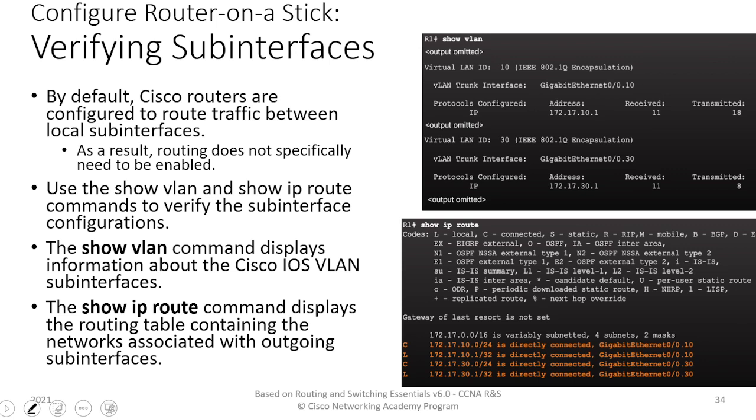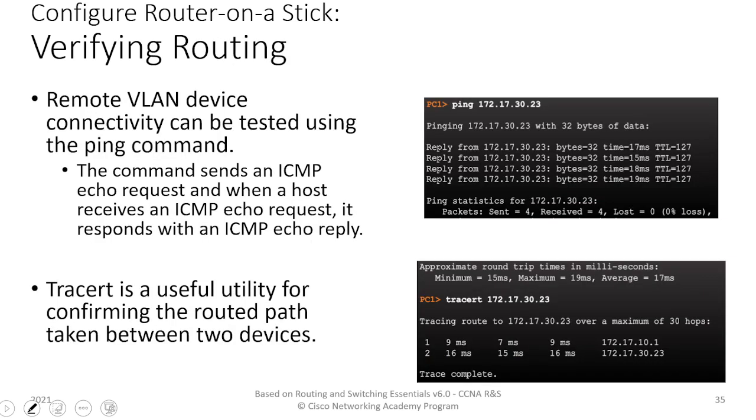Once we have configured this, even on the router side we can verify the VLANs, if the VLANs are configured correctly. And once that is done, on the router side we will also see all of these VLAN networks as separate networks connected to the router. If we go to show IP route, each of these sub networks will show up with the sub interfaces.